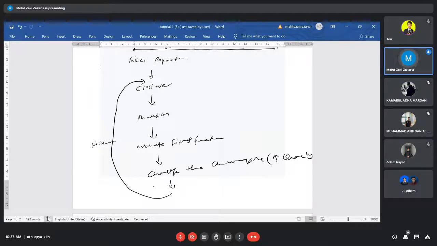So after mutation, then you evaluate the quality of the chromosome. How to evaluate? Using a mathematical function. For example, for the chess problem, f(x) equals 28 minus x. This is what we call the mathematical expression for chess.